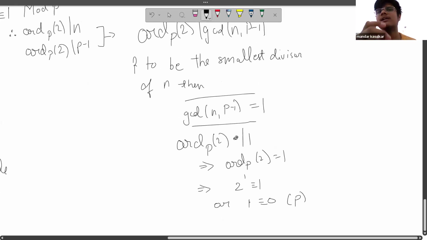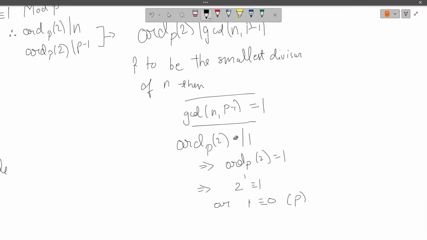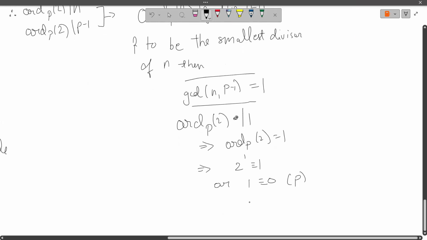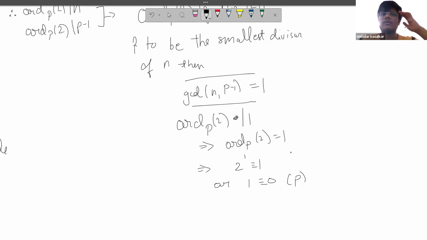Either way, we skipped a little detail here. Can someone tell me what that is? We didn't check n equal to 1. Yes, that and one more thing. Anyone? n equal to 2? Yes, in some sense.